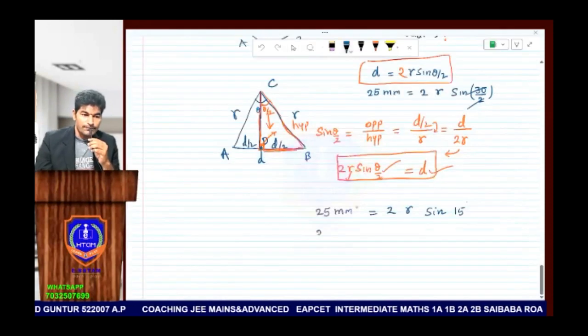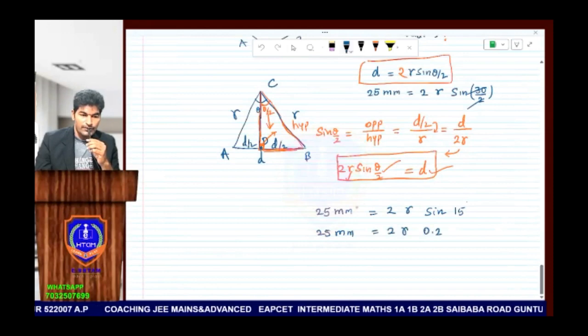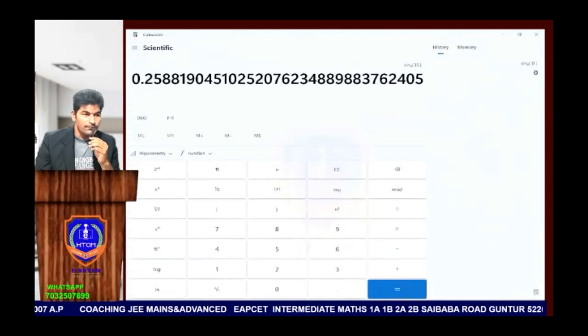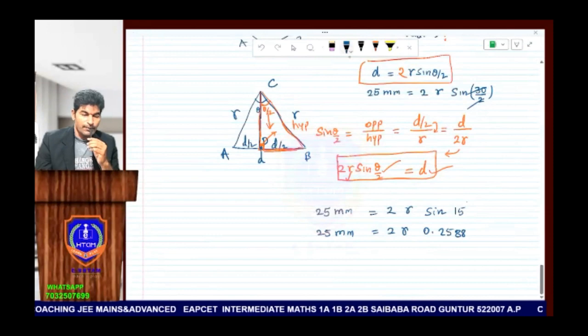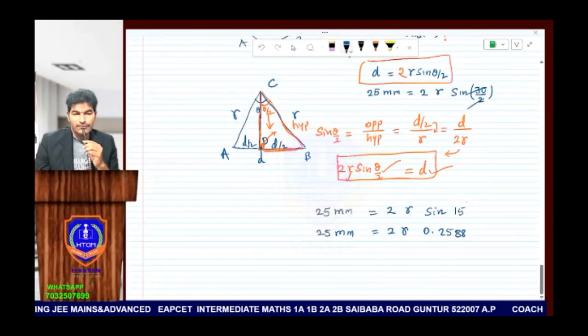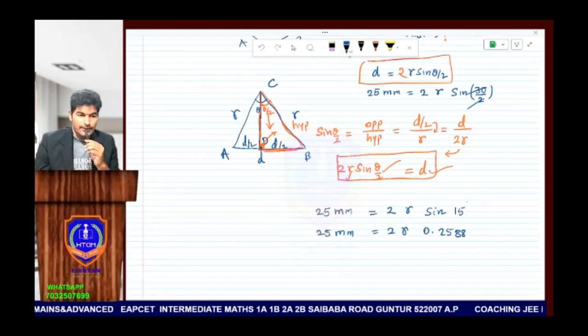So 25 millimeters equals 2 into R into 0.2588. You can take up to, he said 1 decimal, but we can calculate up to 4 decimals. Later we will adjust that to 1 decimal.